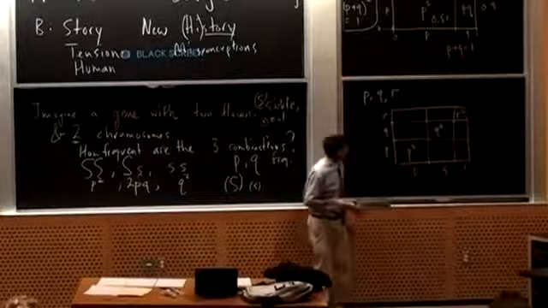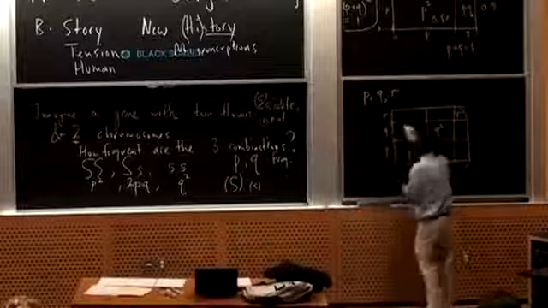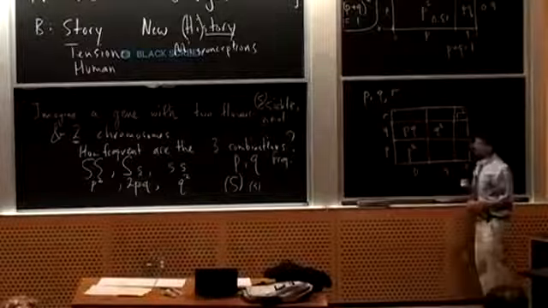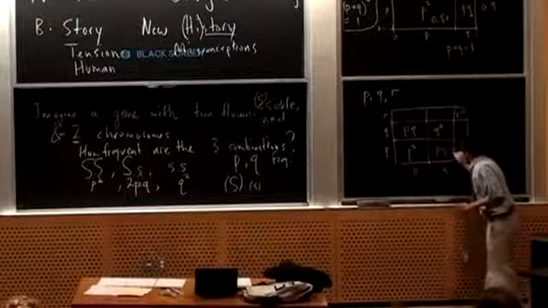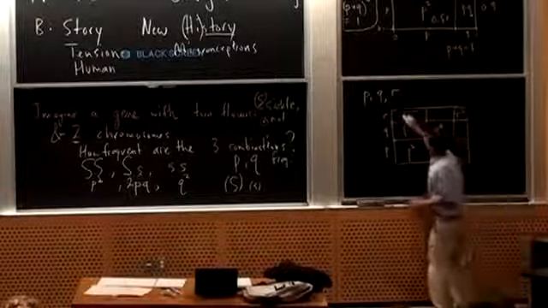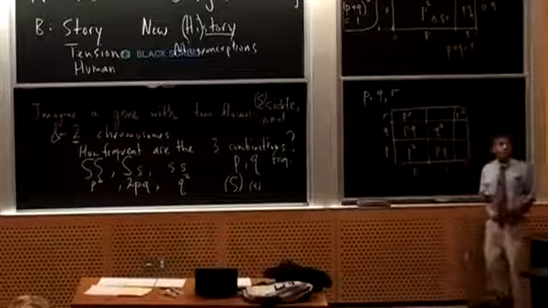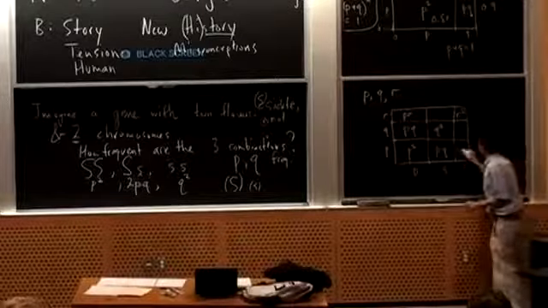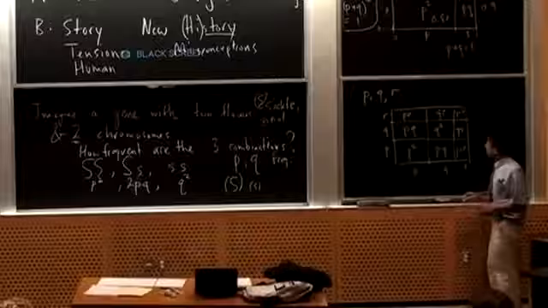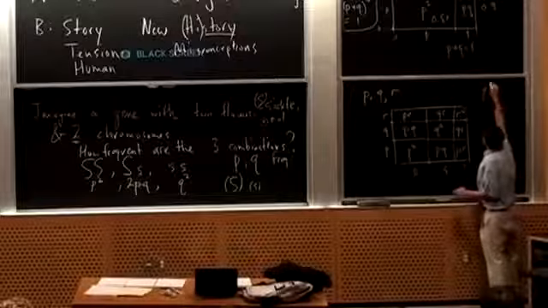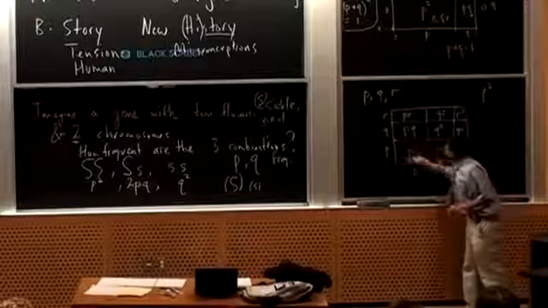Now, which of them look similar? So this is a PQ. Are there any other PQs? Yeah, one other, right? PQ over here. And here's a PR. Is there a PR? Yes, another PR over here. And here's a QR and a QR. So we have P squared, that's that guy.